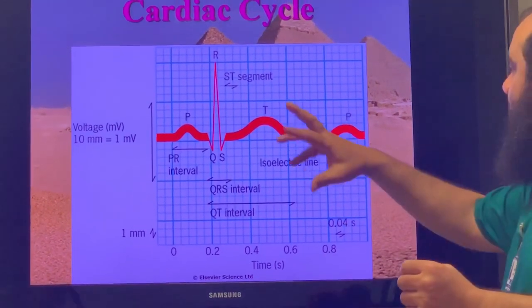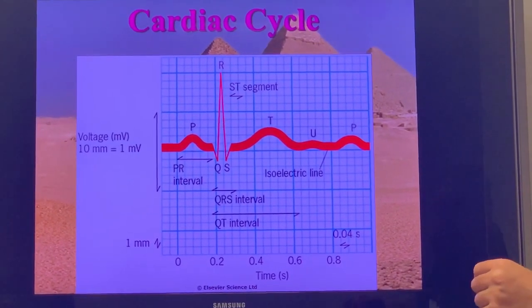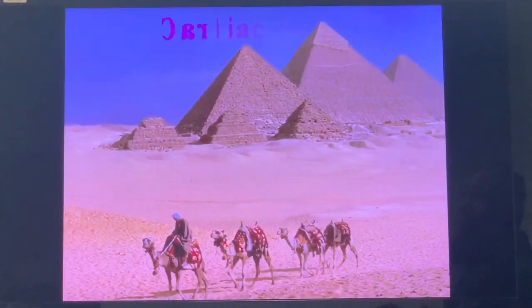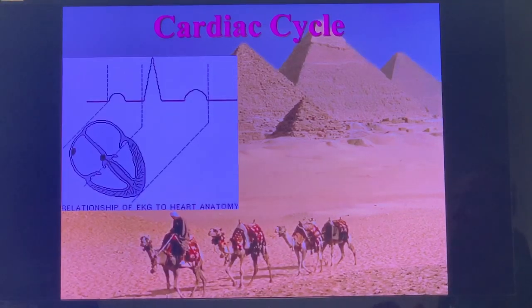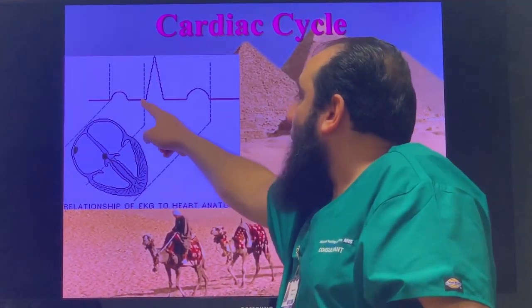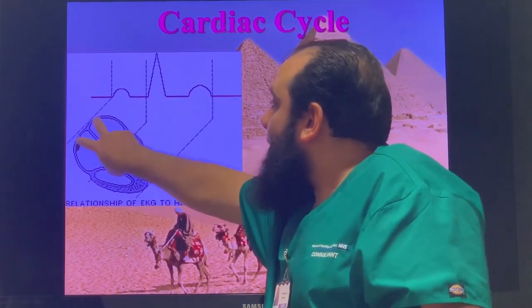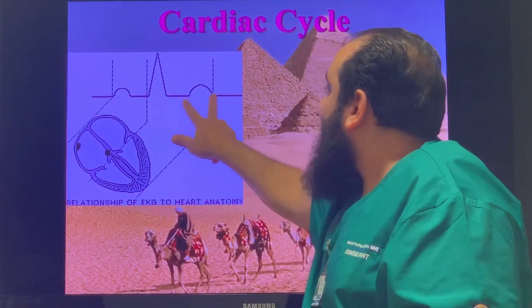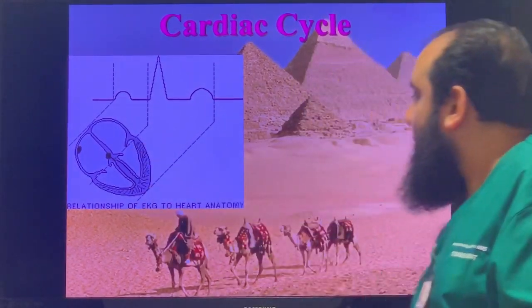Okay. Intervals and all other parameters we are going to discuss in isolation. Again, there's another view. Also, the P wave and the PR segment represent the atrial activity, and the QRS complex and the T wave represent the ventricular activity.